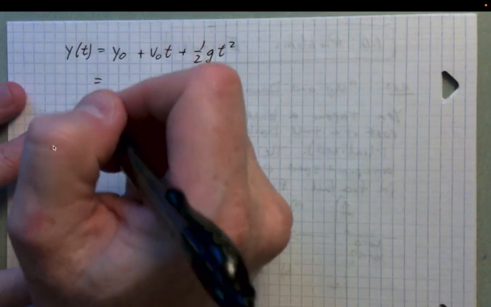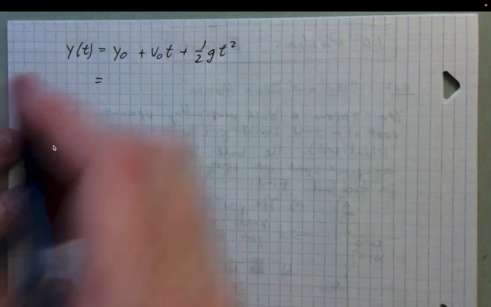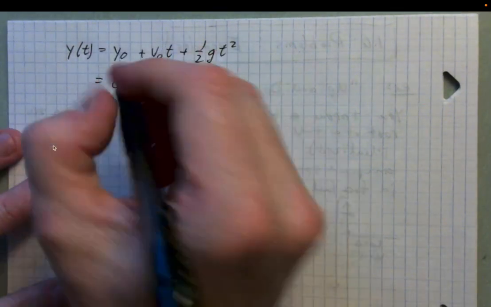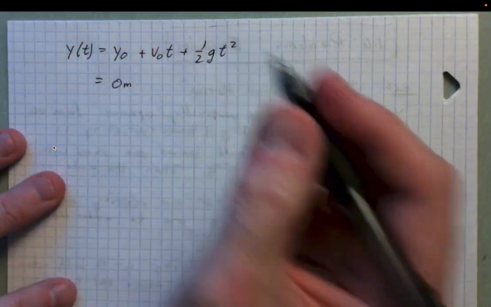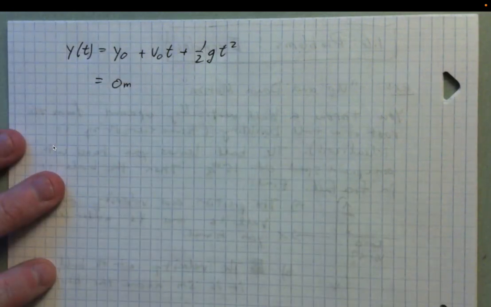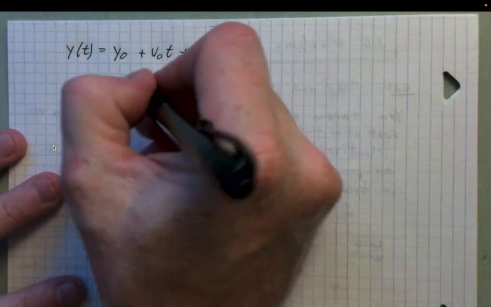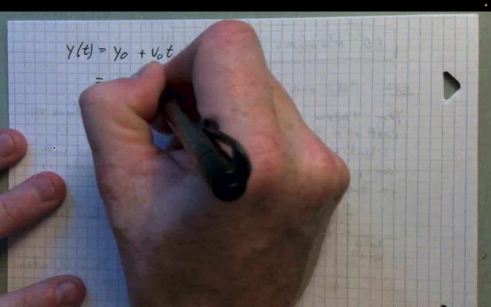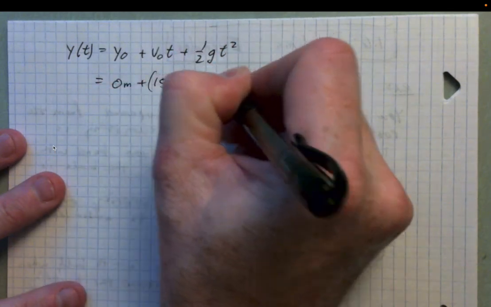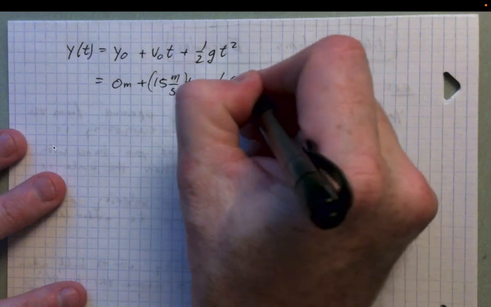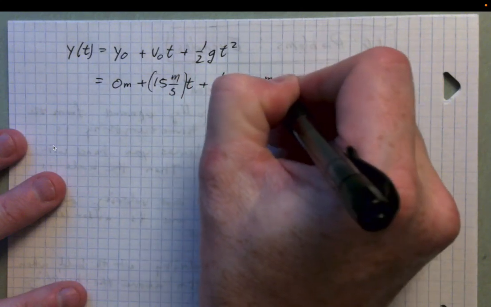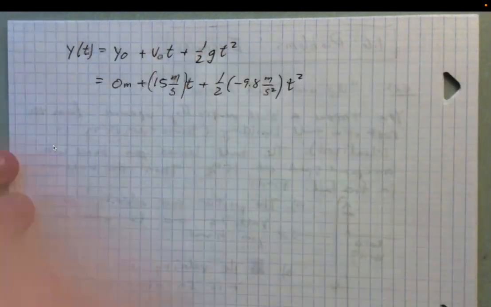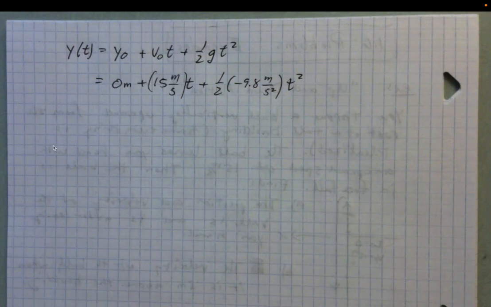If I plug in the actual values, initial position is 0 meters, so that's the top of the roof, which we'll take to be the origin. So 0 meters plus 15 meters per second times t plus 1/2 times negative 9.8 meters per second squared times t squared. So that's our position function.